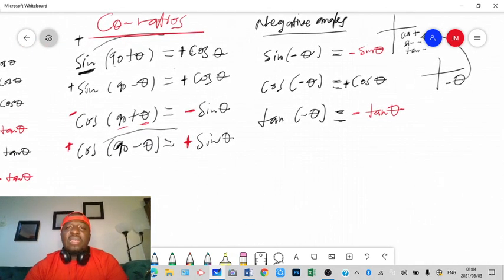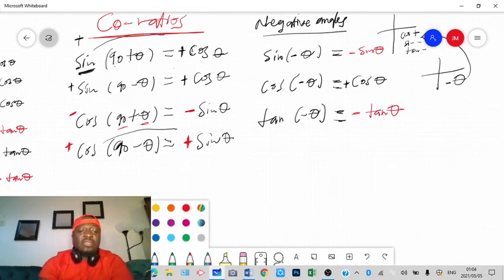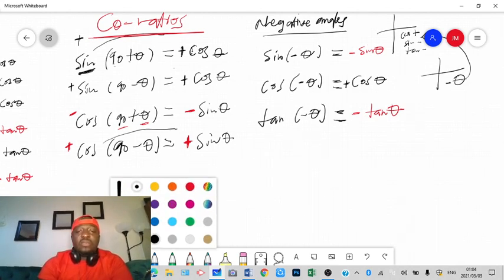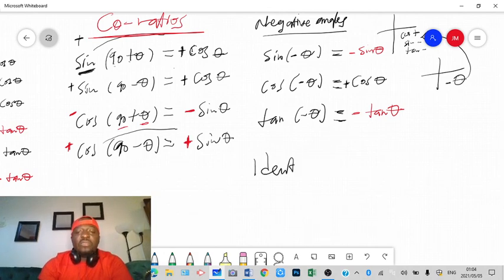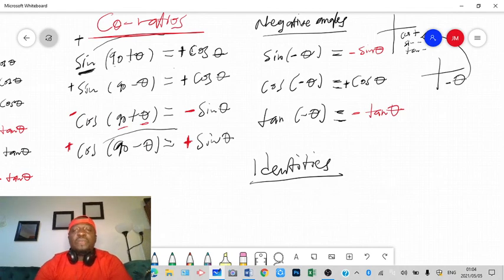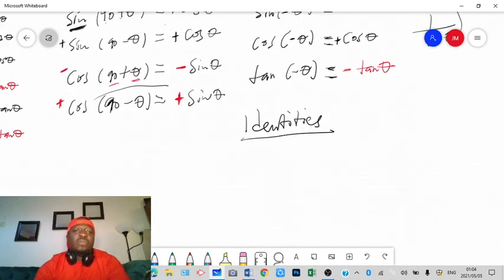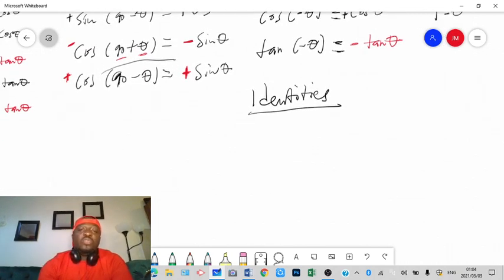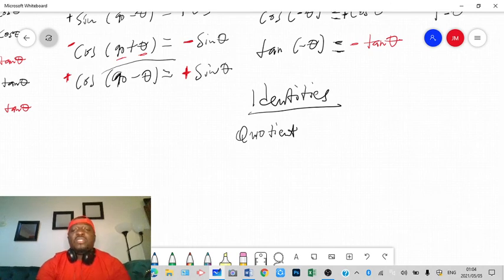And lastly, I'll end it with your identities. Two identities that you need to know in grade 11 trigonometry: your quotient and your square identities.